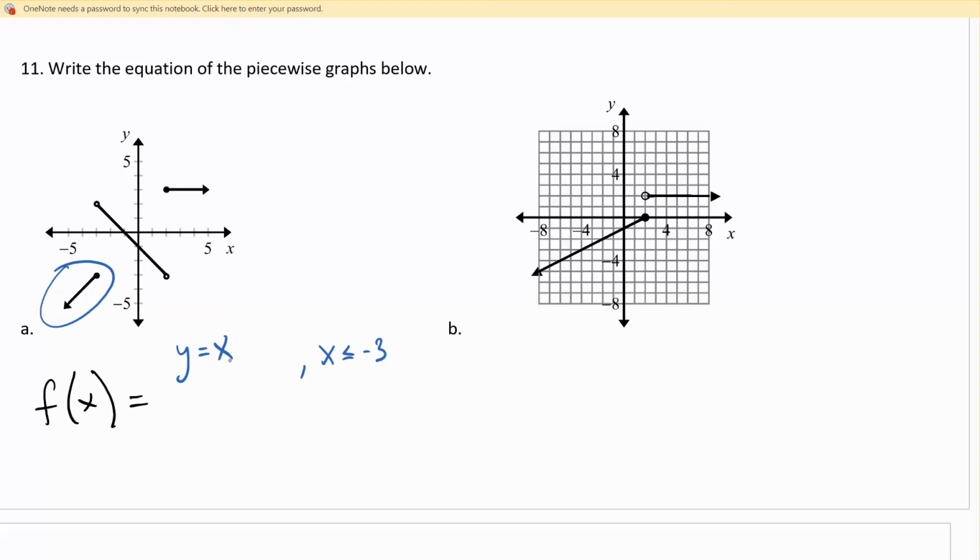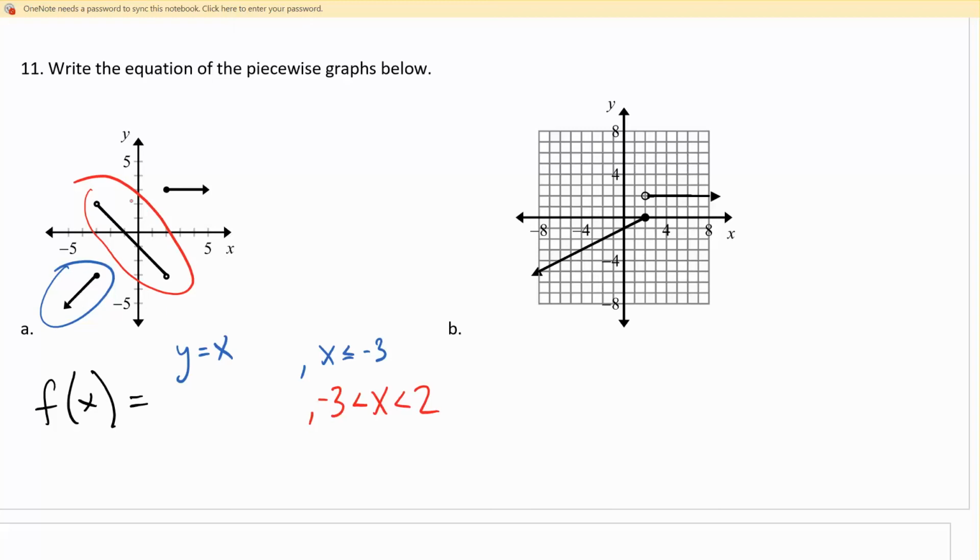Our next one we'll say is our red line, and that's 2 open circles, x values from negative 3 to 2. So we're greater than negative 3 and less than 2.